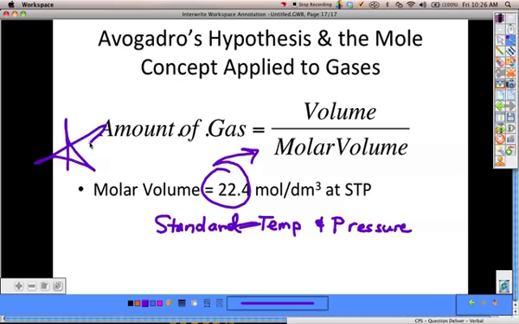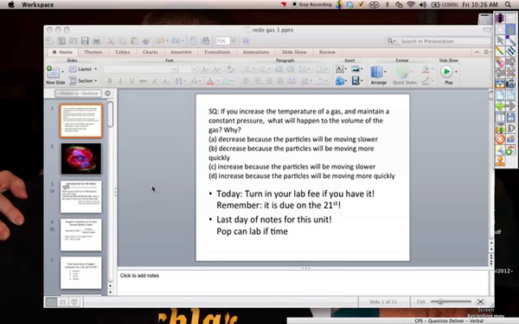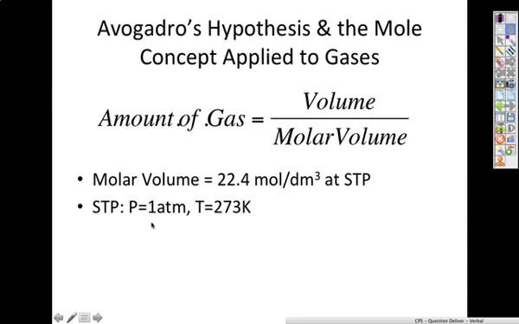So memorize this equation, memorize molar volume. I want to note decimeters cubed is the same as what other unit? From our notes a couple days ago. Liters, excellent. Okay, so what are these conditions of STP? They are 1 atmosphere as our pressure and 273 kelvins as our temperature.